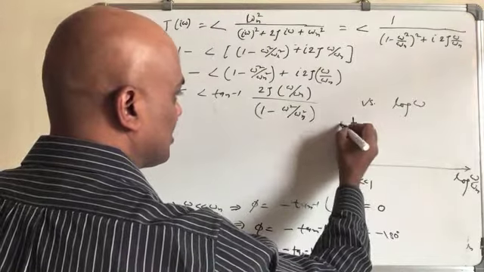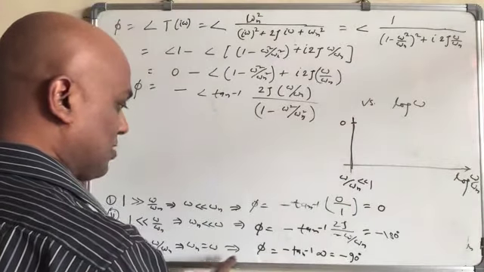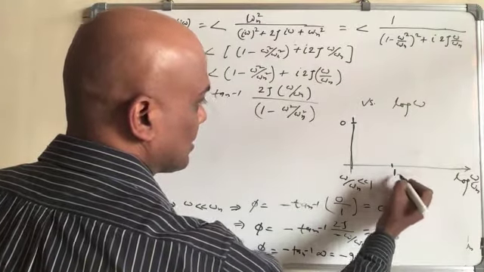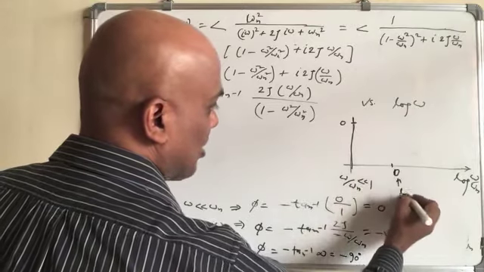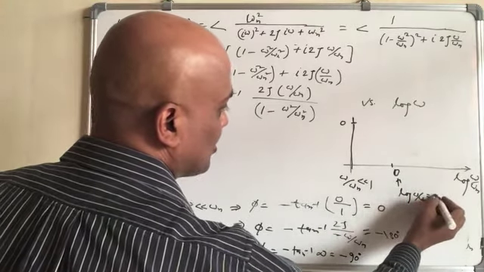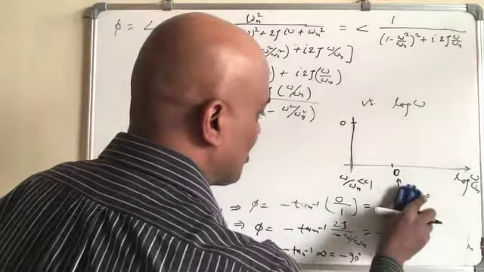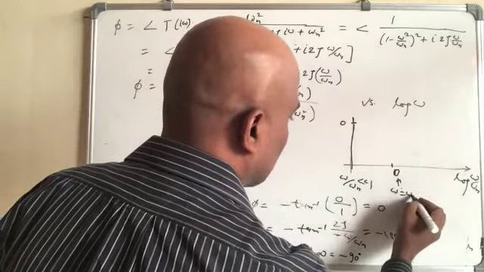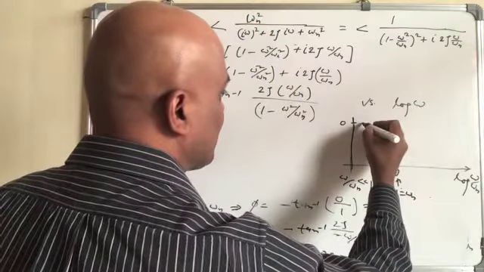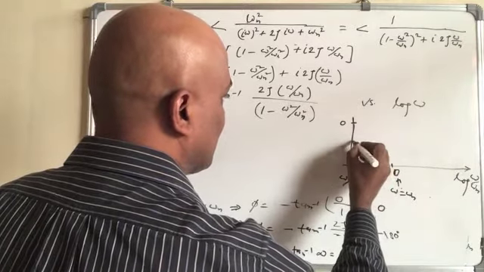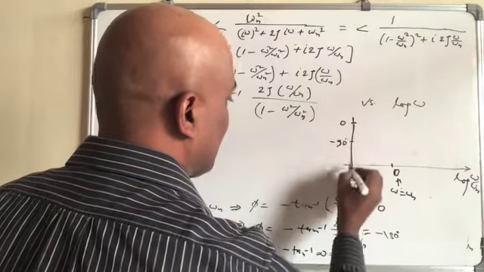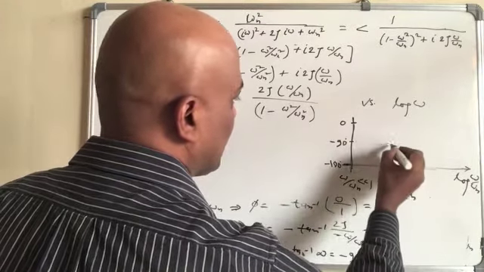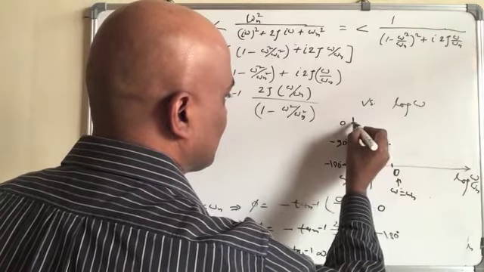Let us say this is 0, and then at omega equal to omega n, this is 1, meaning log omega over omega n is 0. In this case this is going to be minus 90, and this you can call minus 180 degree, and this is where the transition is. So this will be something like this.